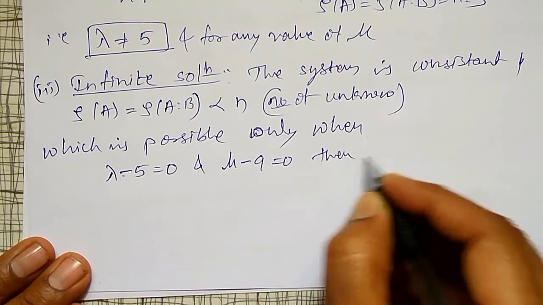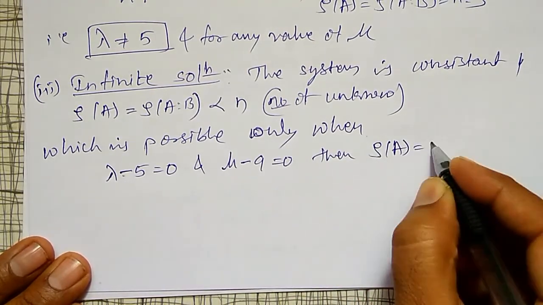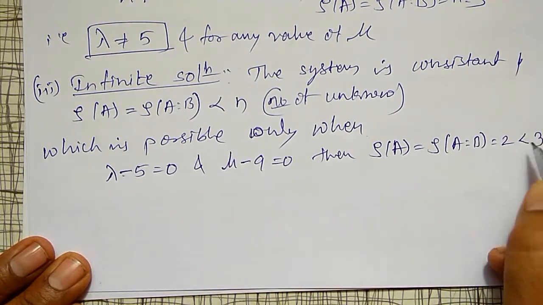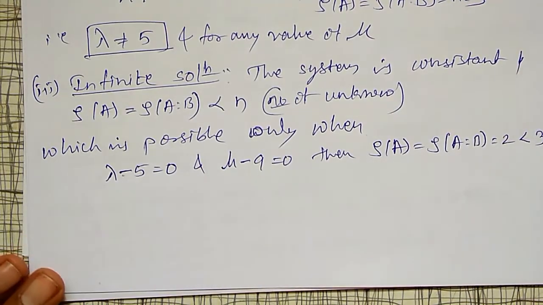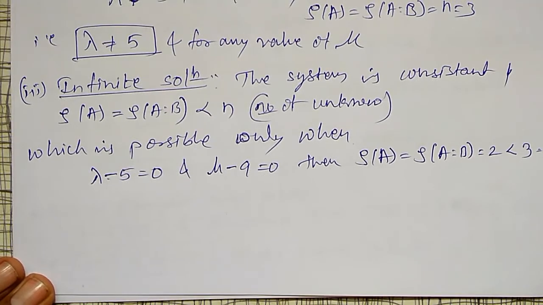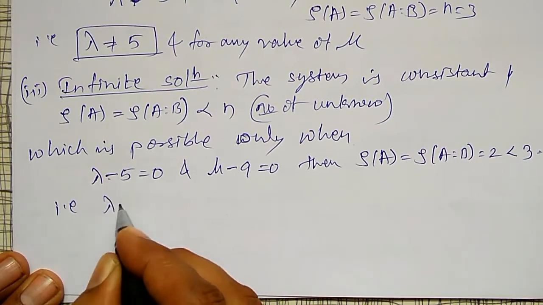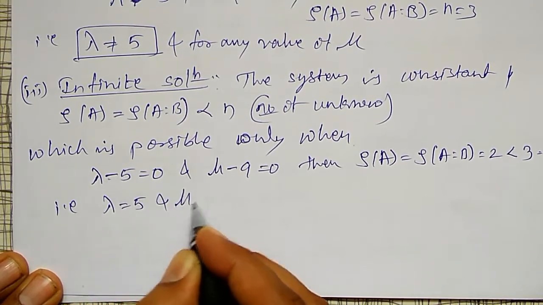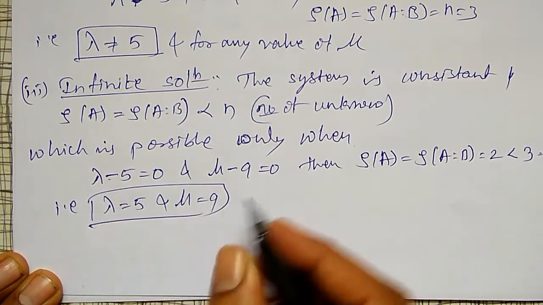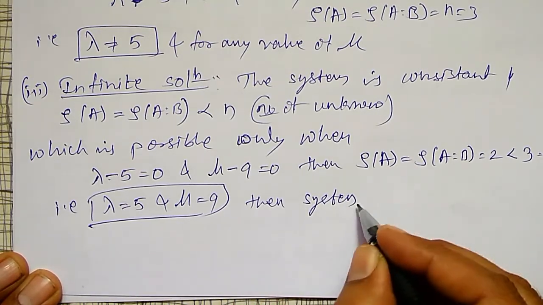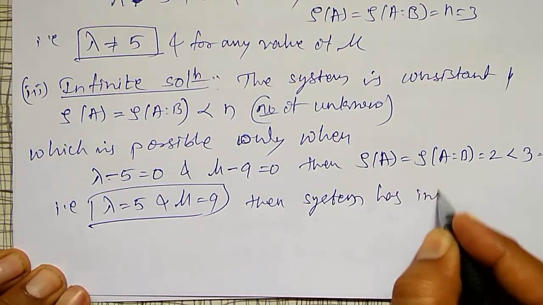Then rank of A is equal to rank of A colon B is equal to 2, which is less than 3, equal to n. Correct? Then only the system has infinite solutions. That is, lambda equal to 5 and mu equal to 9. Then the system has infinite solutions.